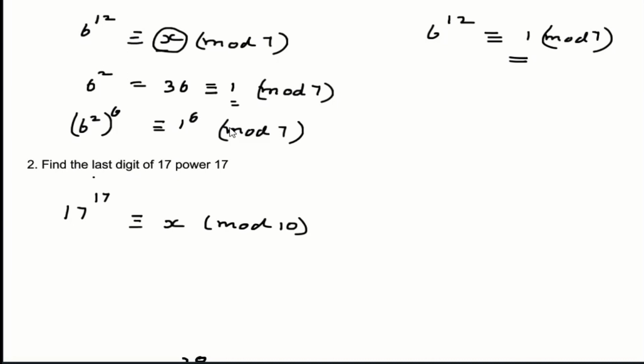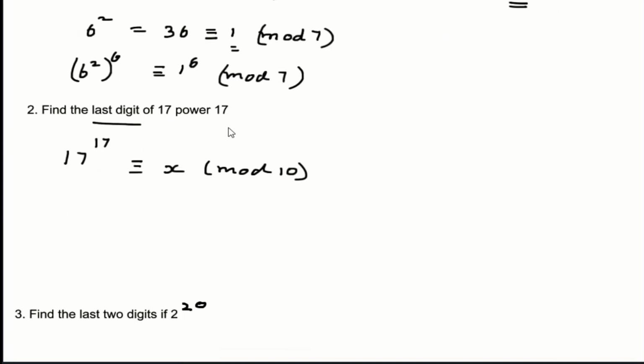It is asking for the last digit. We know the digits are from 0 to 9, so we get remainders from 0 to 9 when we divide by 10. The least number where we get the remainders as the unit digit is 10. So he is asking 17 power 17 is congruent to what mod 10? That is what the question is.